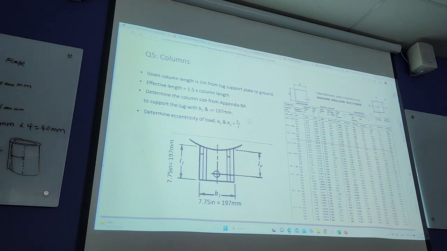Determine the column size from appendix 8A. So this is the table you need to refer to. To support the lug with B1 and LF, just now we saw 197 mm. Determine the eccentricity of load. All these you can find from here.